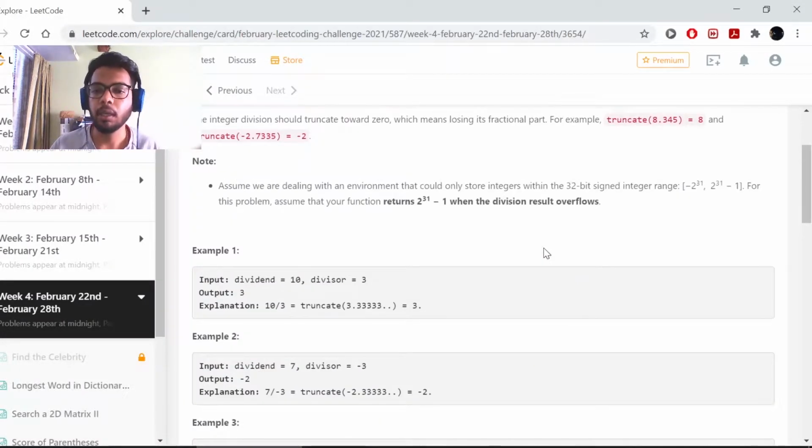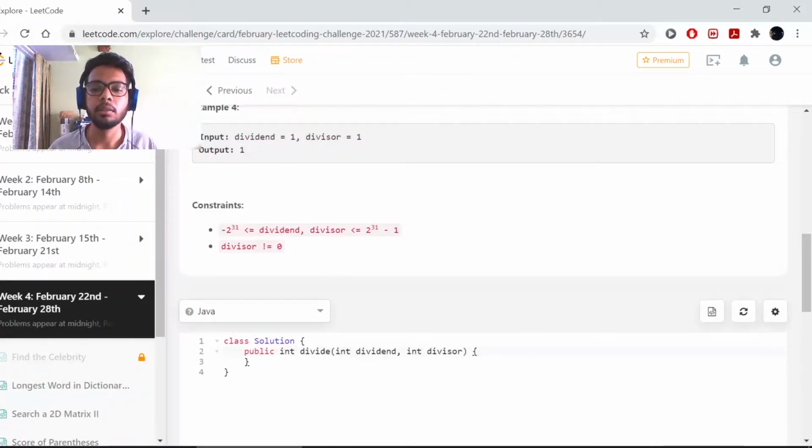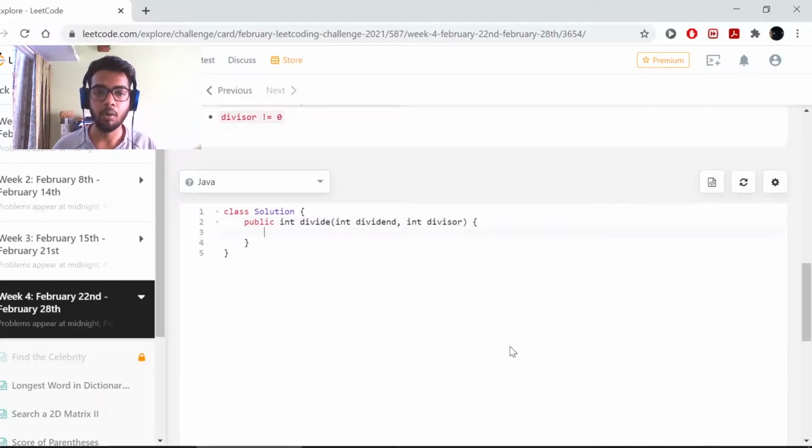The only condition when this can occur is when we are given this number and we need to divide it by -1, because dividing reduces the number, doesn't increase it, unless the number is already greater than the maximum range that can be stored. It's just on the negative part, and if we make it positive, it would be one more than the number that can be stored. So let's take care of this condition, then we'll see how we can divide two numbers without multiplying.